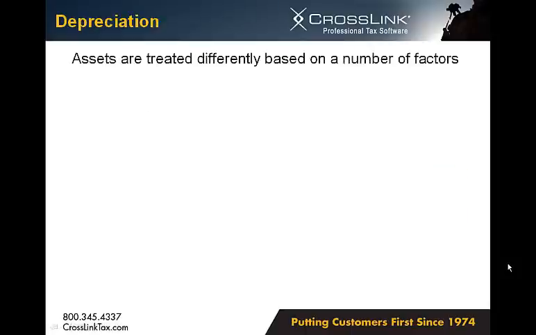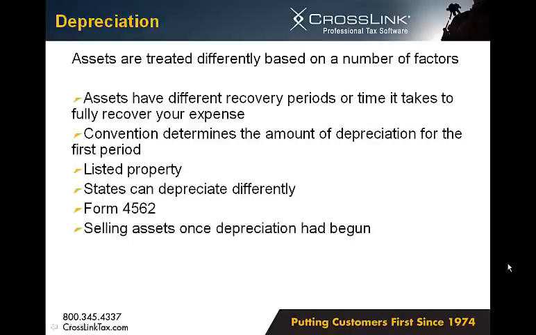Of course, depreciation can have many different factors that can change some of the calculations involved with the assets. For example, different assets have different recovery periods, or time it takes to fully recover an expense. Convention is a term that determines the amount of depreciation for the first period. There's also listed property, in which we're going to pay particular attention to the personal use and the business use of a certain property.